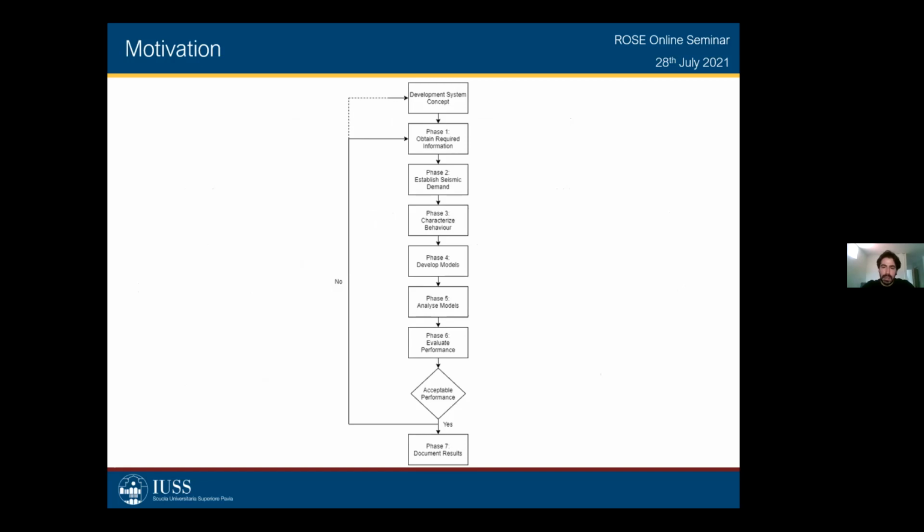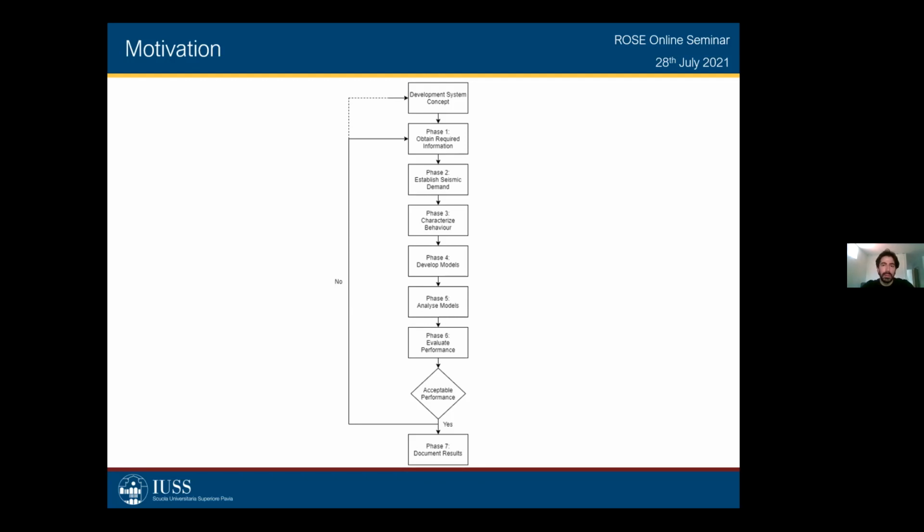This is the general framework that we are proposing for the establishment of seismic performance factors of non-structural elements. Basically, this is the same methodology as the FEMA P695, with the exception that we have an additional phase, phase number 2, called establish seismic demand. This phase is critical because this is where the main difference between the performance assessment of non-structural elements and building structures lies.